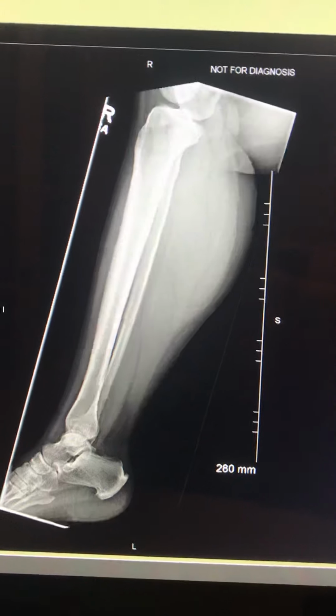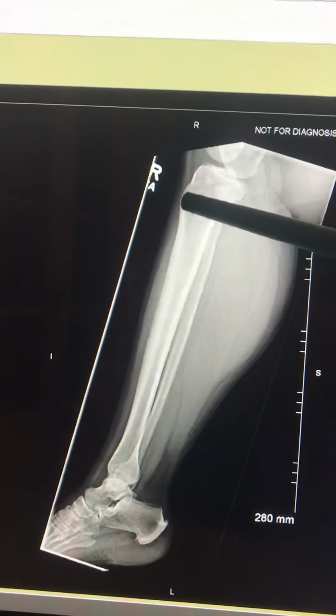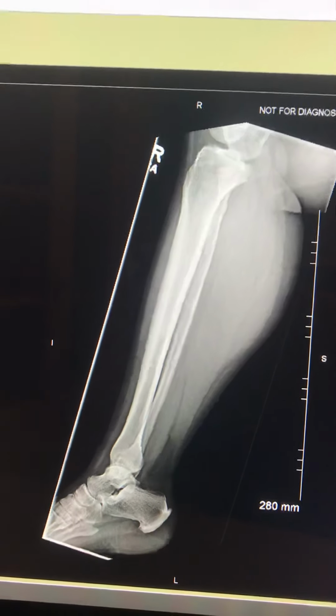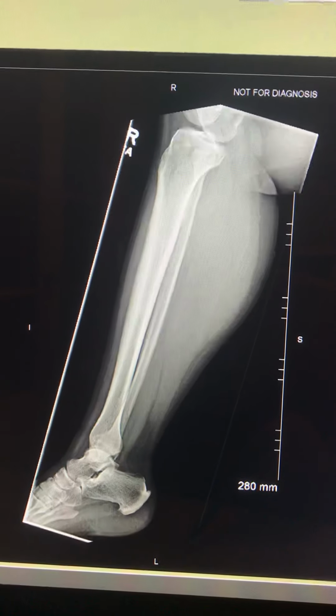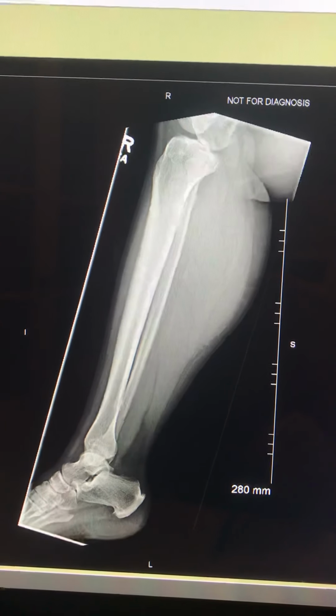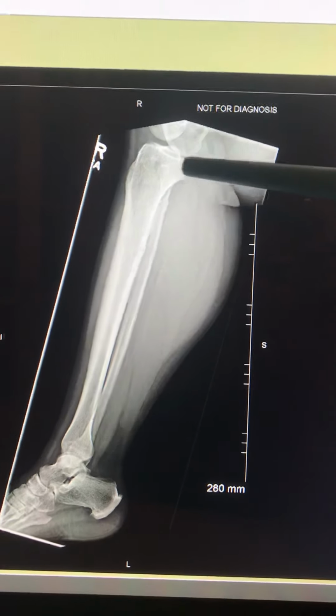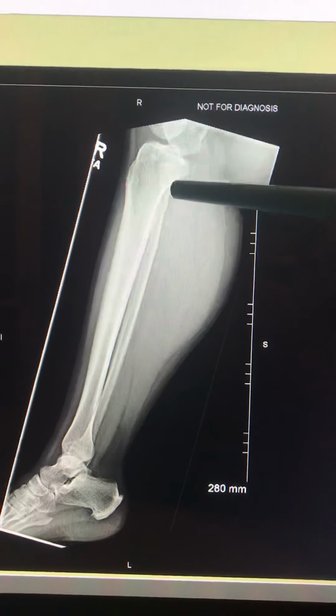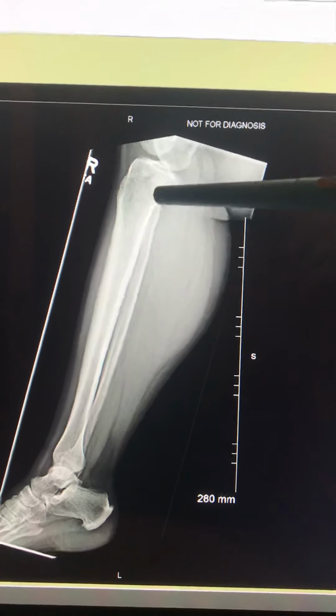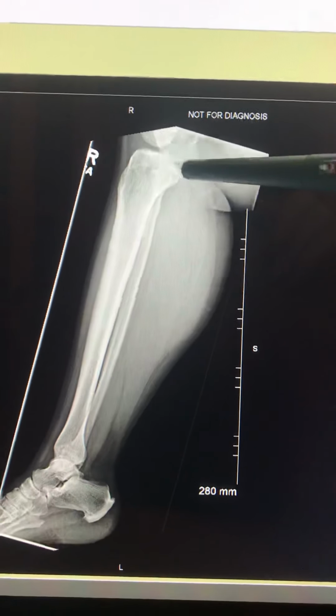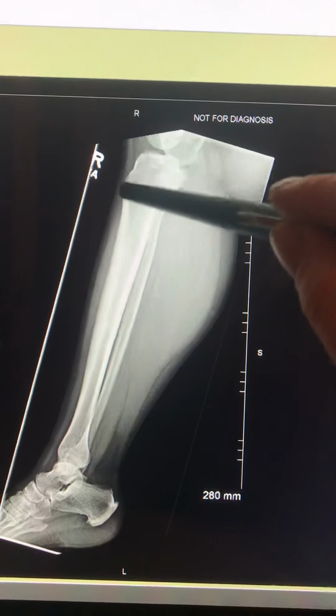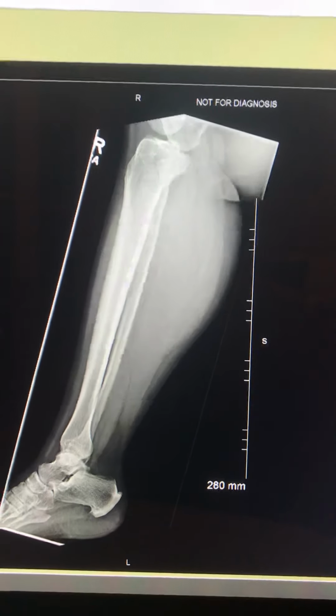The tibial tuberosity, seen right here, is in profile. The proximal fibular head, this is the fibular head, should be slightly superimposed by the tibia.